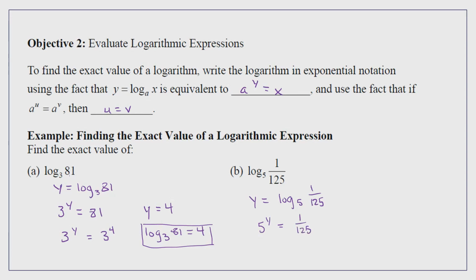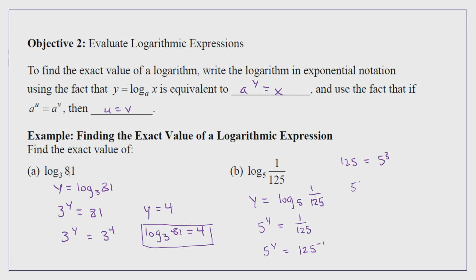Now I want to get the same base on both sides. So on one side I want to rewrite it with a base of 5. So I know 5 to the power y is going to equal 125 to the negative 1 power, because that's the negative exponent. Now I know 125 is equal to 5 to the third power.